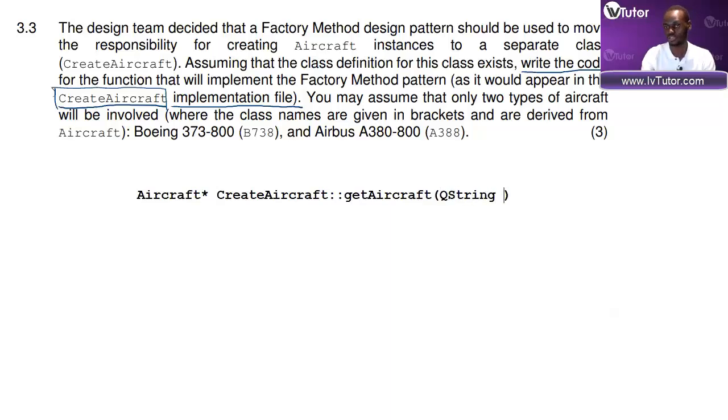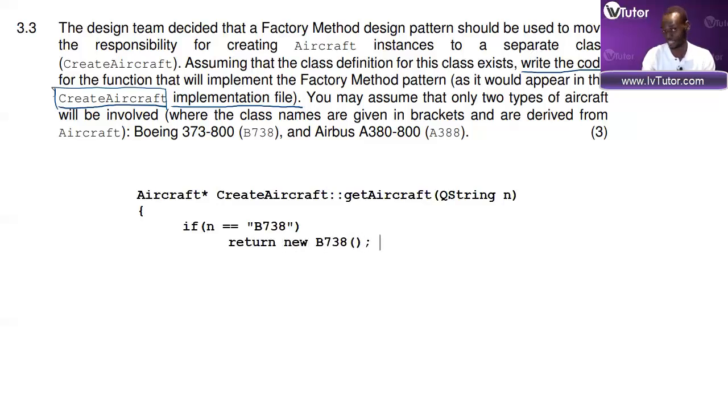It gets a Q string, the name, and in here, it's a simple if statement. If the name is equal to B738, just return new B738.